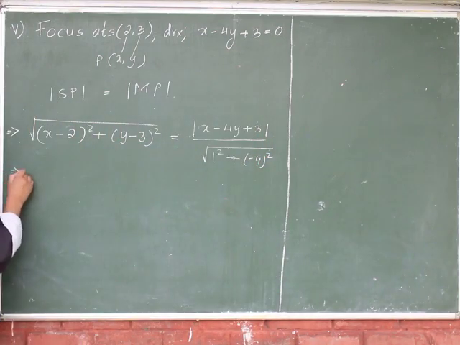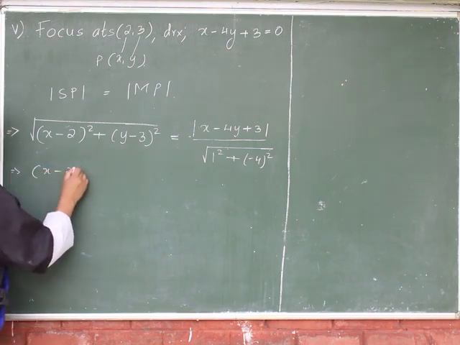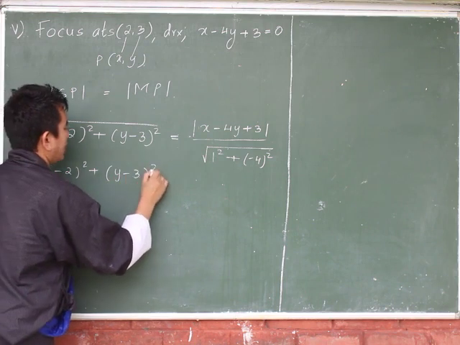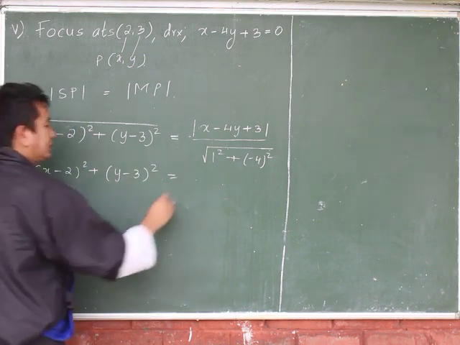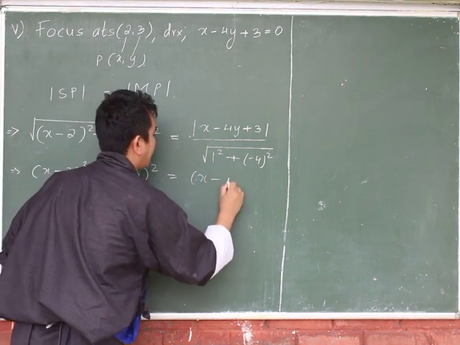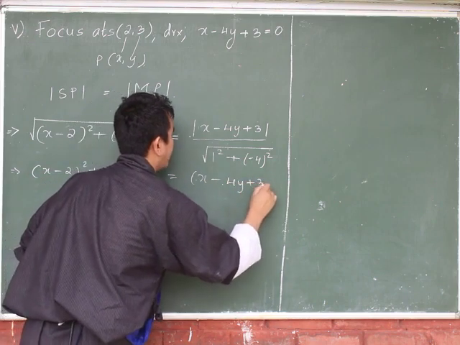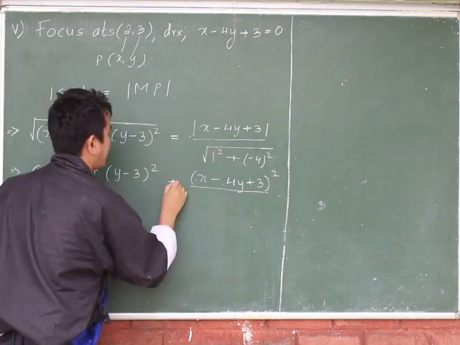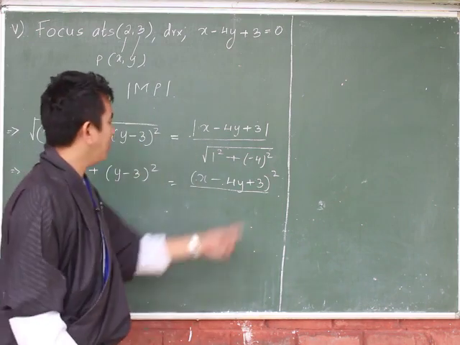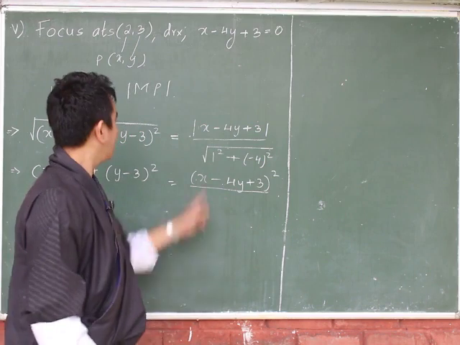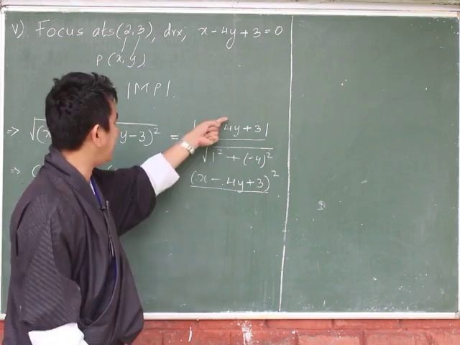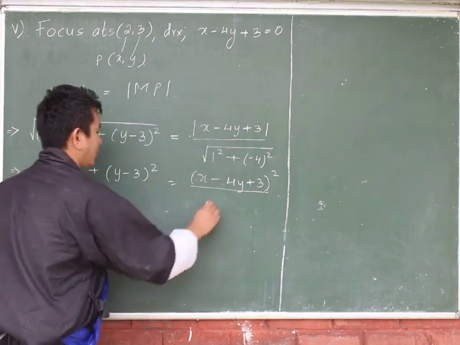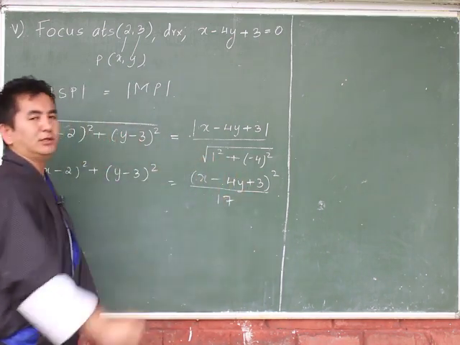When I square both sides, I will get x minus 2 whole square plus y minus 3 whole square equals x minus 4y plus 3 whole square, whole divided by 1 square is 1, 4 square is 16, the square and root get cancelled because I need to square both sides in the numerator as well as in the denominator. So we have here 17.